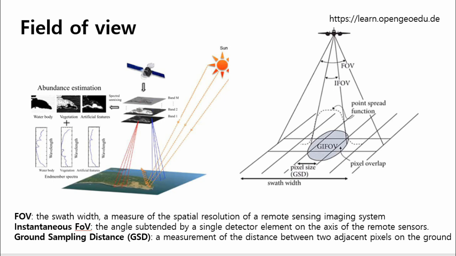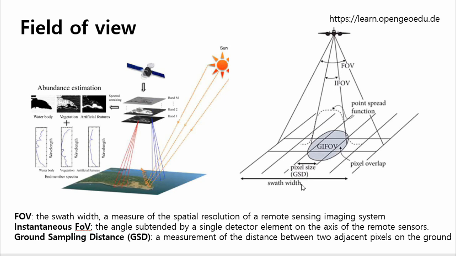In the case of satellites, we have the spatial scale of a field of view. Field of view is swath width. If you look at the figure here on the right-hand side, there's a pixel scale, pixel overlap, and swath width. This swath width is a measure of the spatial resolution of the remote sensing imaging system.